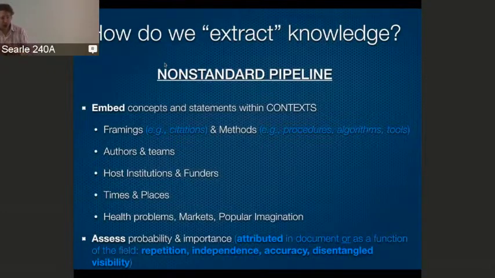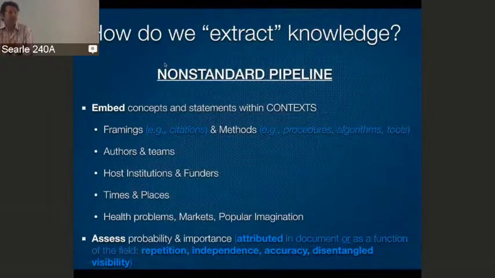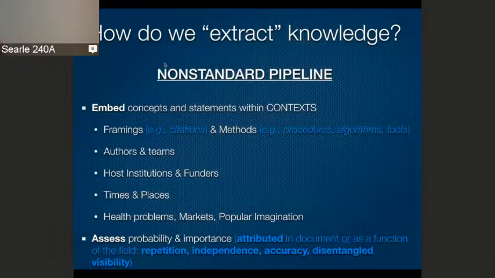So, for example, if an author is always in the tail of the distribution, relative to the mode of an assessment about a particular claim, about, for example, a protein in its relationship to some deleterious pathological outcome, then you might accord it less strength overall than one that always ends up predicting the mode of the eventual distribution of that claim. And finally, disentangled visibility, which I'll talk about a little bit later.